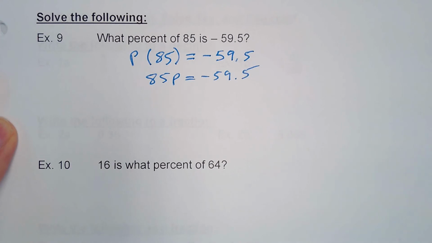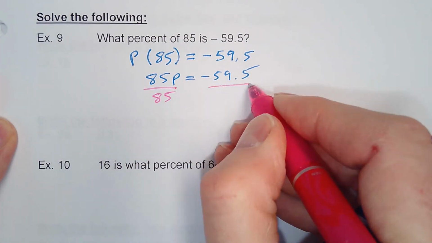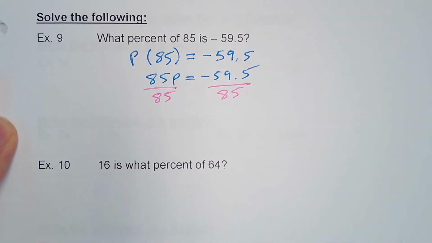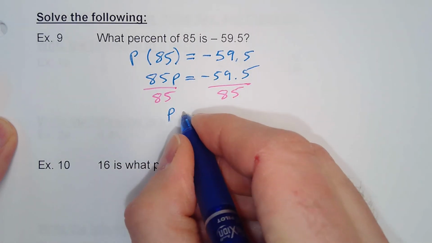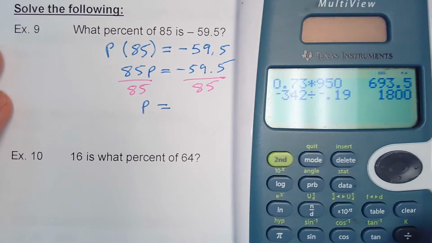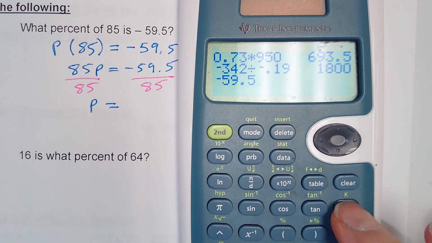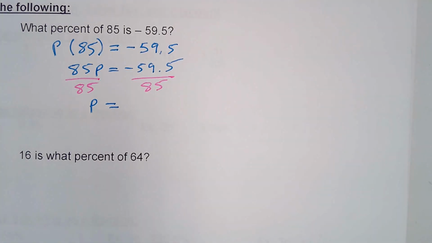To solve for P, we need to divide both sides by 85. So that gives us a negative 0.7.